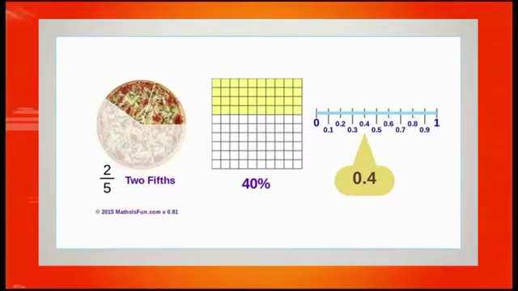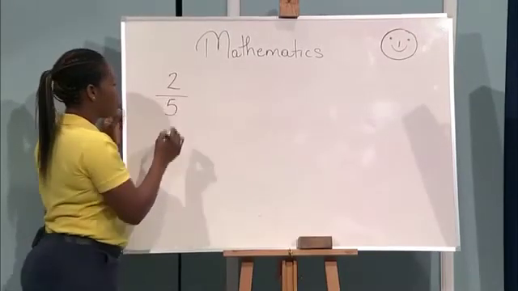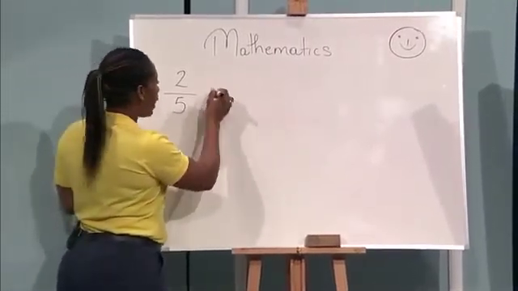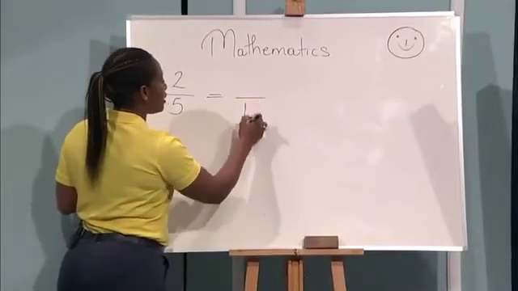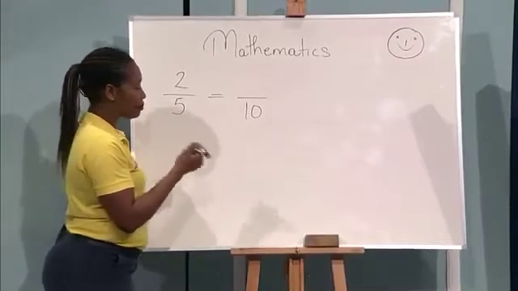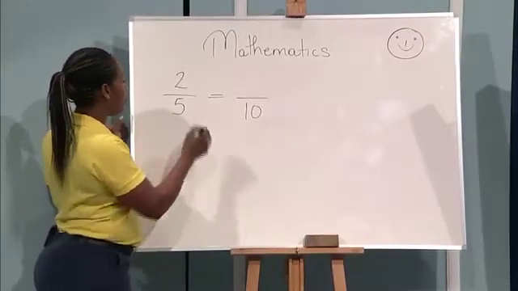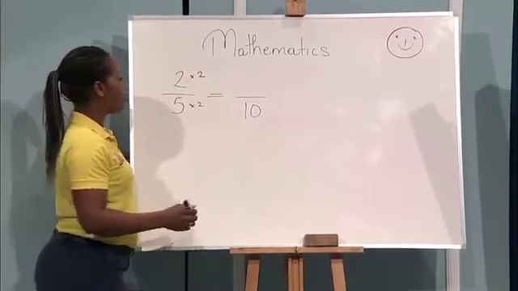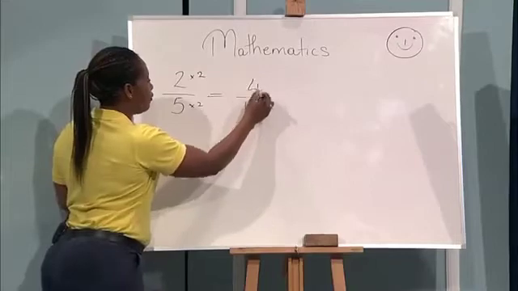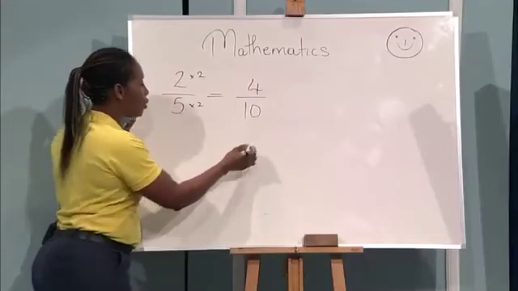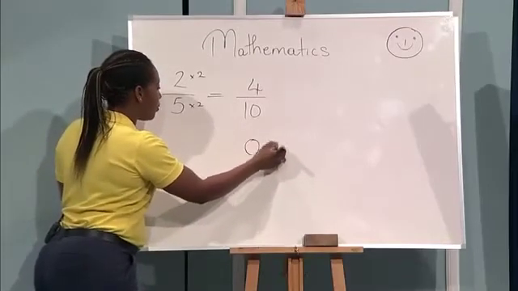So I have 2/5, and I want to make it a decimal fraction. Now a decimal fraction must be out of 100, or the denominator must be a multiple of 10. What must I do to 5 to get it to 10? I would multiply it by 2. And you know this by now, whatever you do to your denominator, you do it to your numerator. 2 times 2 gives me 4. So we have 4/10. See the 4/10 there? You should know how to write 4/10. 0.4.